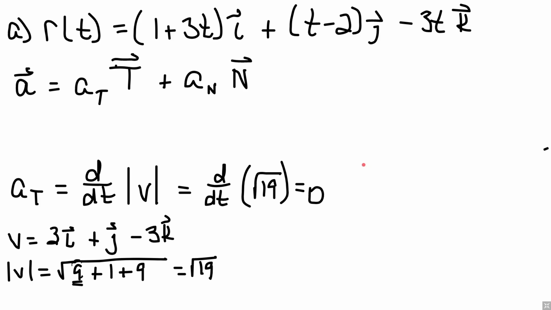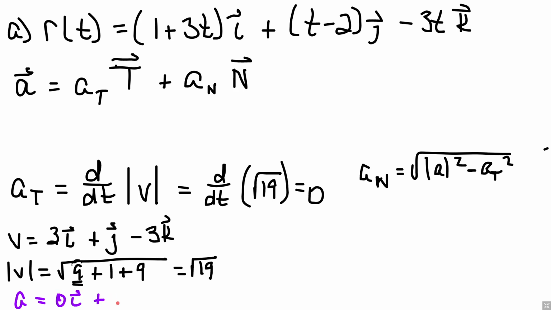So next, we need to calculate a sub n. A sub n is going to be the square root of the acceleration squared minus a sub t squared. Okay, if I find the acceleration vector, it is going to be 0 in the i direction, plus 0 in the j direction, plus 0 in the k direction. So the magnitude of that is going to be what?